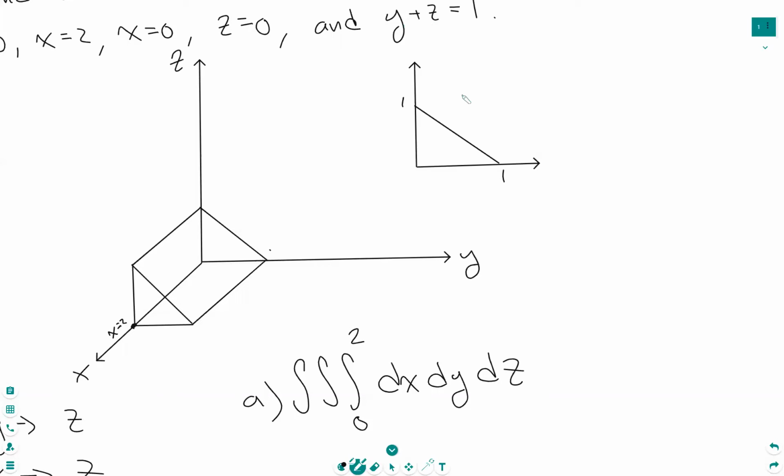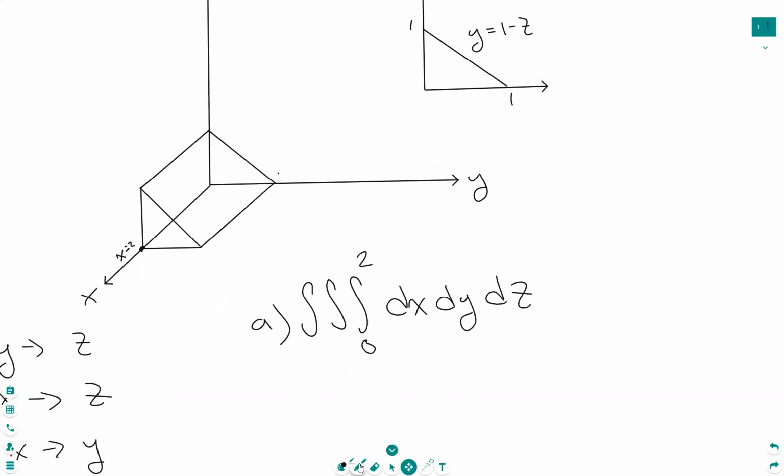So this becomes the equation we can write as y is equal to 1 minus z. So our projection goes from y equals 0 up to that line. So 0 to 1 minus z.